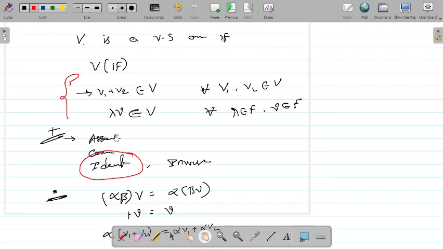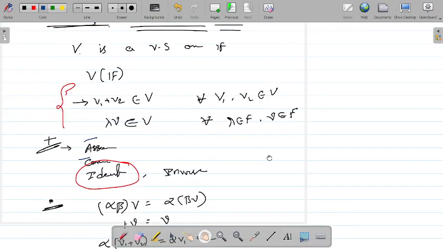And next, with respect to operation, like binary operation defined, that is addition and multiplication. If you are taking a standard operation, then there is no issue. But if you are defining a new kind of operation, then you must check these properties: associativity, commutativity, additive identity, inverse, and similarly the rest.